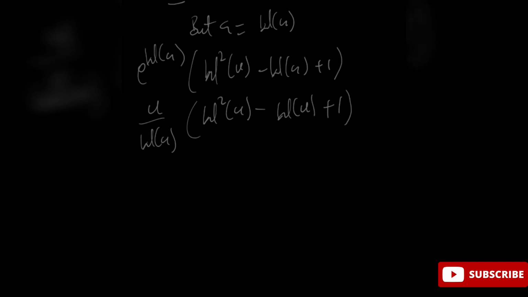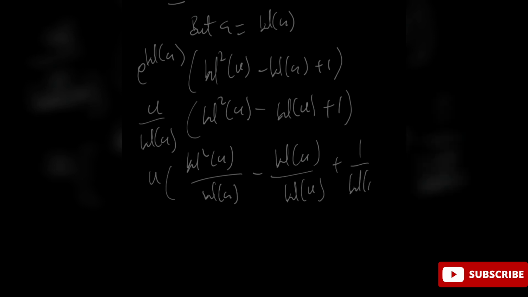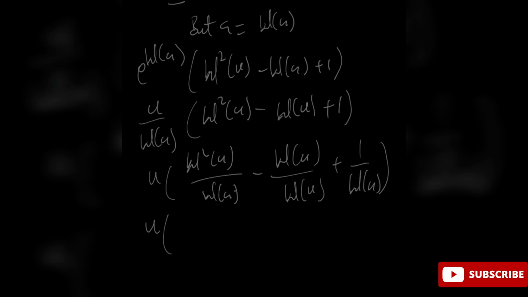Okay, now we can multiply through by 1 over w of u, so we get u times w of u squared over w of u minus w of u over w of u plus 1 over w of u. Okay, so simplifying it, this one will get rid of one of these, so we now have this minus, they will cancel out 1 plus 1 over w of u.